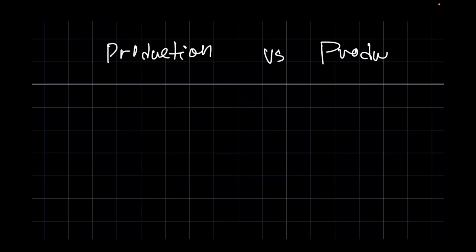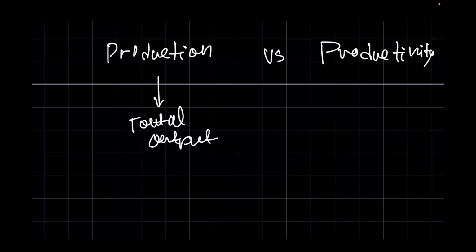Now, another key point that we need to understand is the differences between production and productivity. So this is something key that we need to understand. Production basically means the total output of goods in an economy, so the total output, whereas productivity refers to the average output.